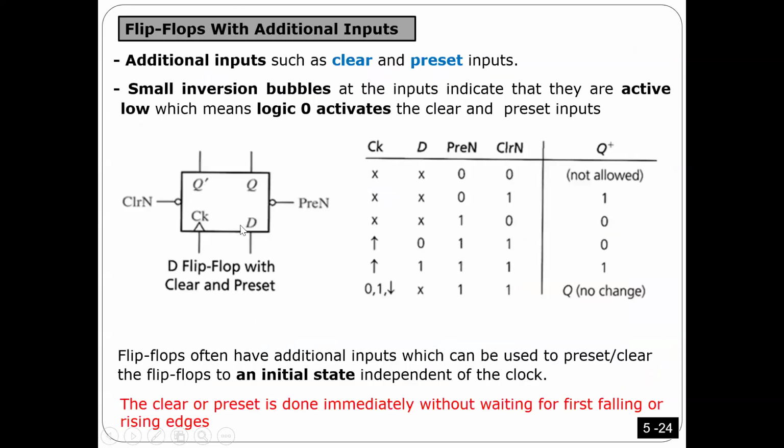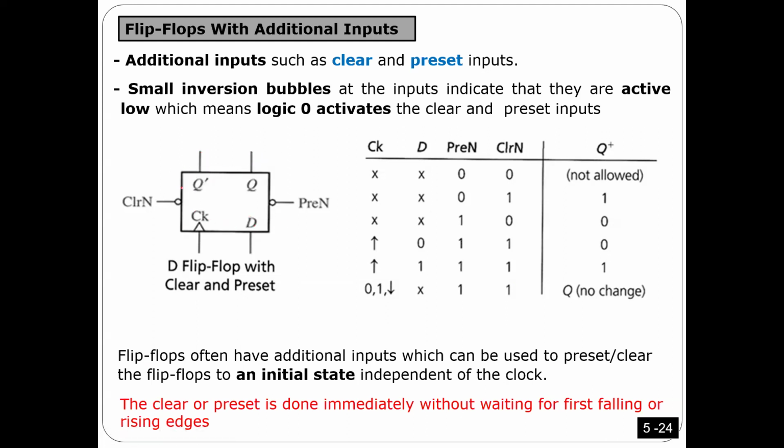One more thing I told you: sometimes for flip-flops we add more inputs. For next week you can see the data sheet, you can see what inputs you have. I explained the basic inputs: Q prime, Q, clock, and D for the D flip-flop. But sometimes we have other inputs.